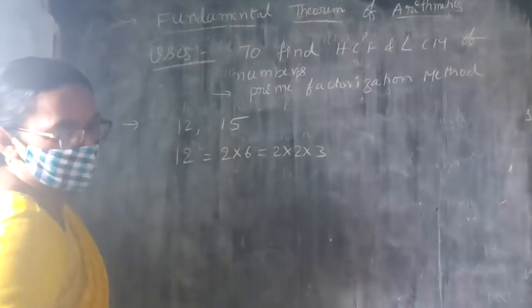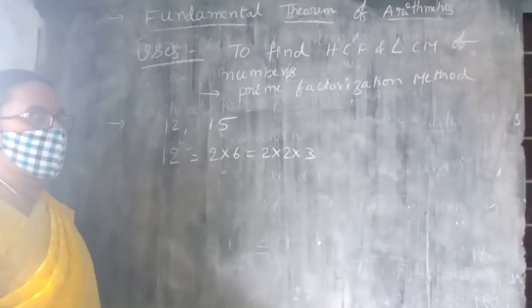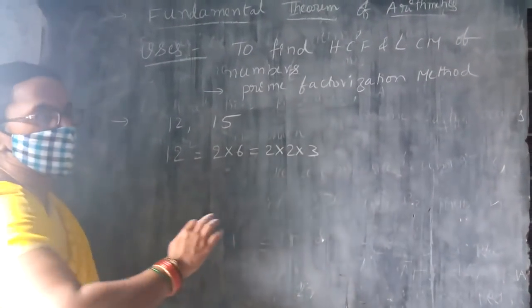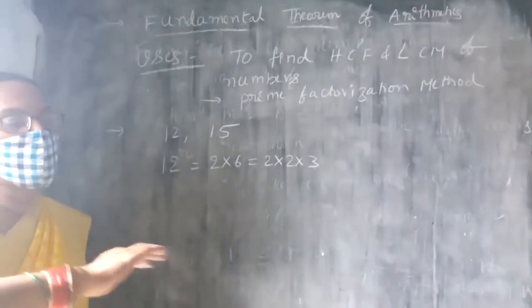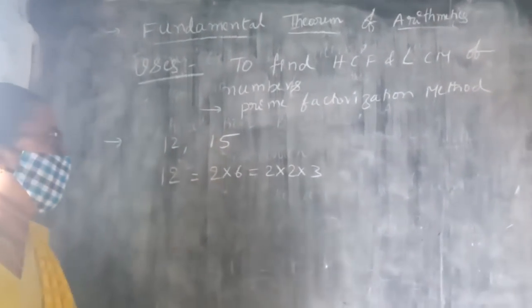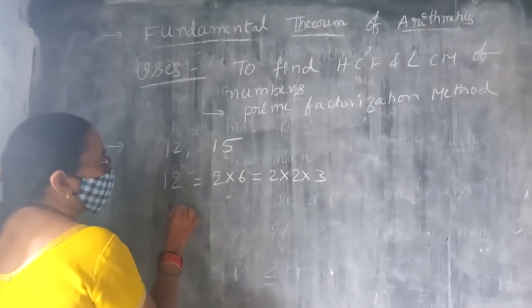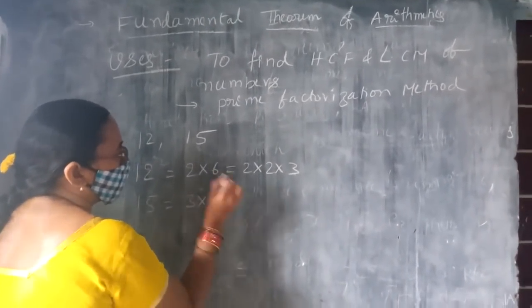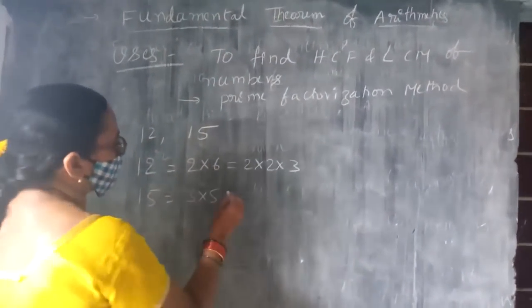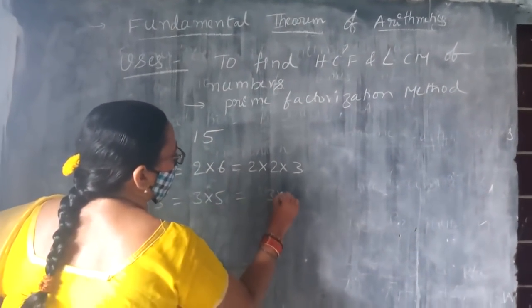In the general form, less than or equal to means either the prime factor is less than the succeeding prime factor or equal to it. 15 we can write as 3 into 5.